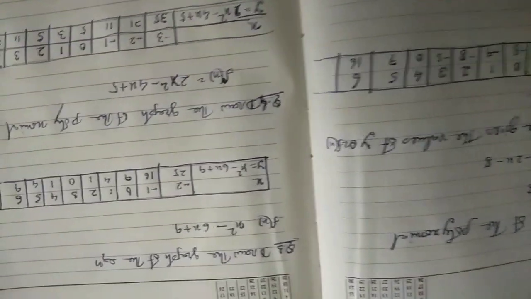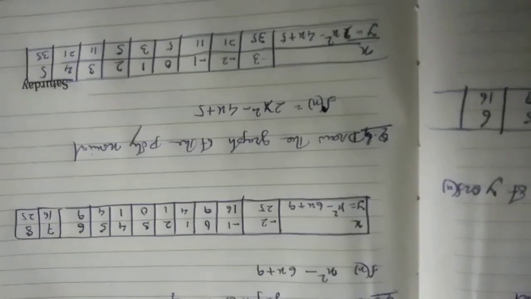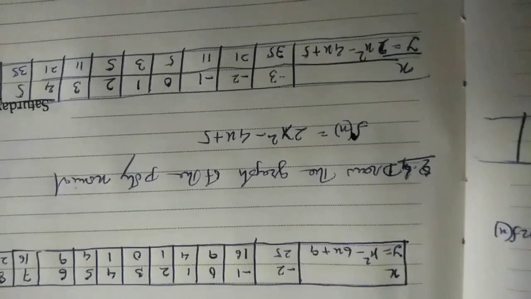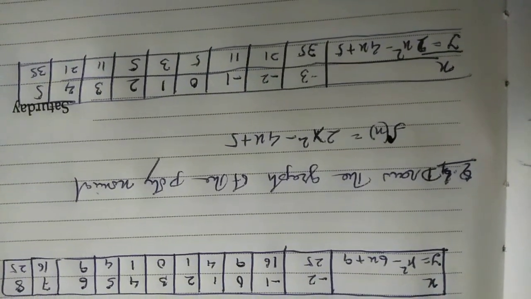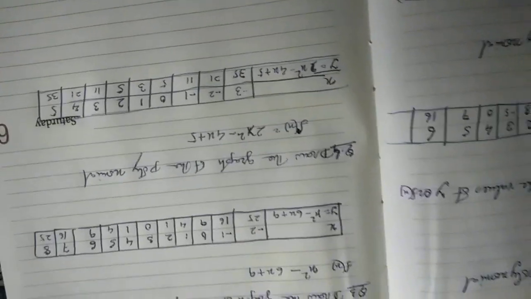And the next graph, the fourth kind of graph, is the graph of the polynomial 2x square minus 4x plus 5, and I made the chart. You try to draw it on your graph paper.